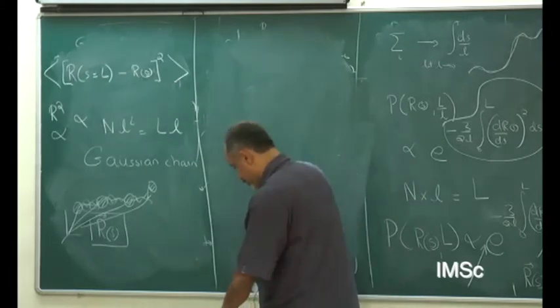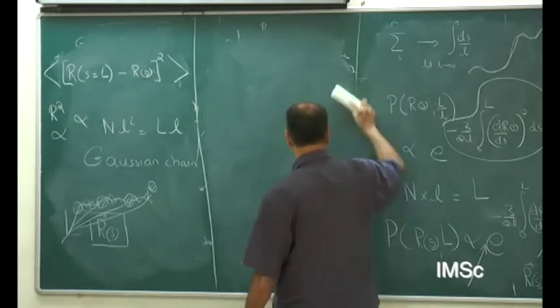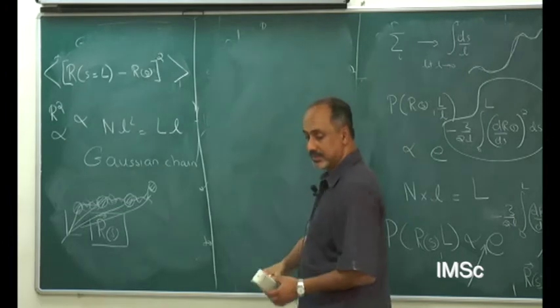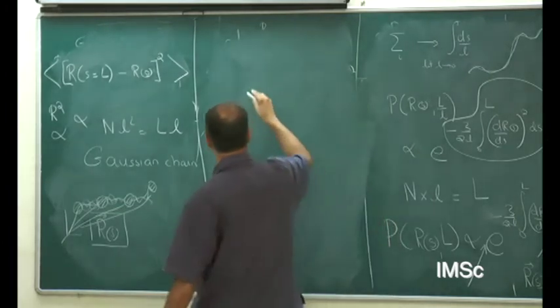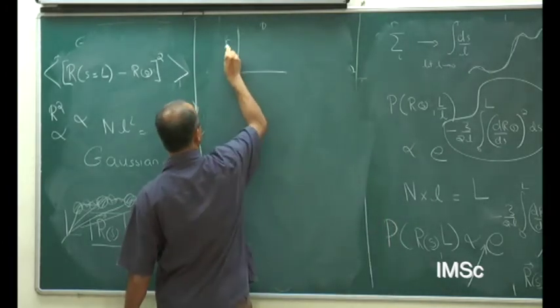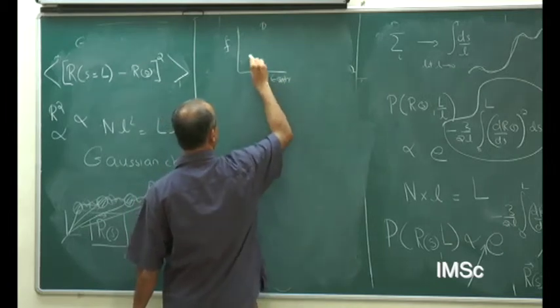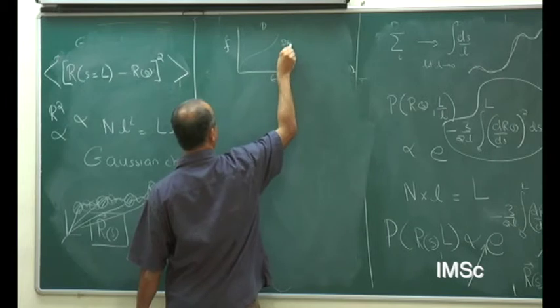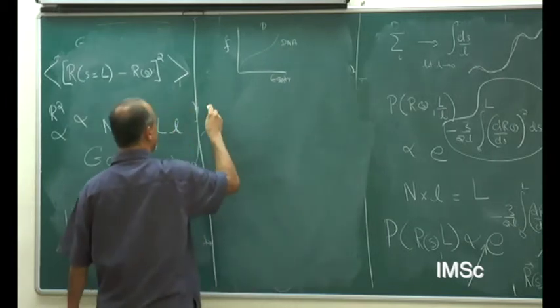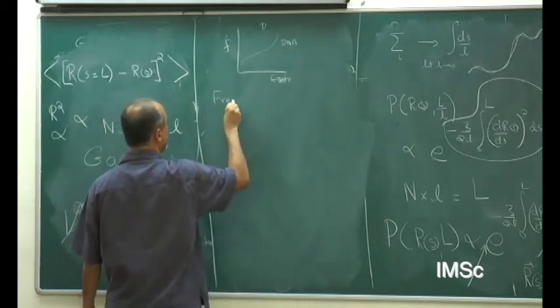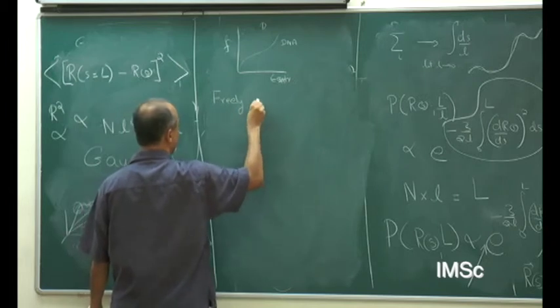So now let's just do one particular calculation with the aim of trying to understand, as we described earlier, what is the relationship between force and extension for DNA. And that model is called the freely jointed chain.